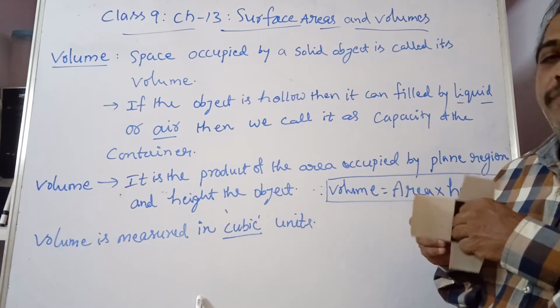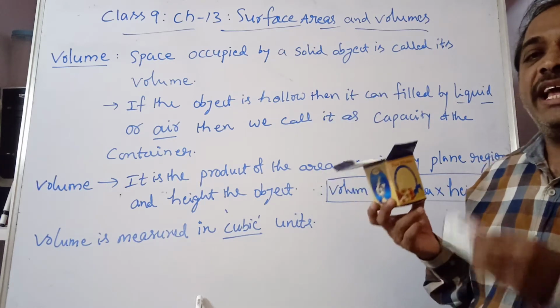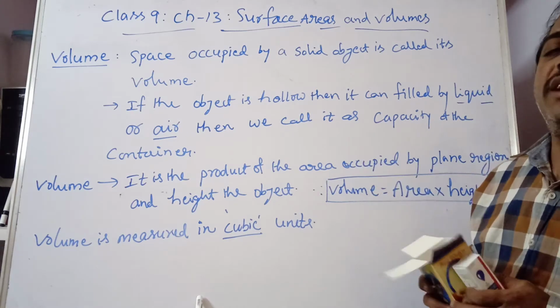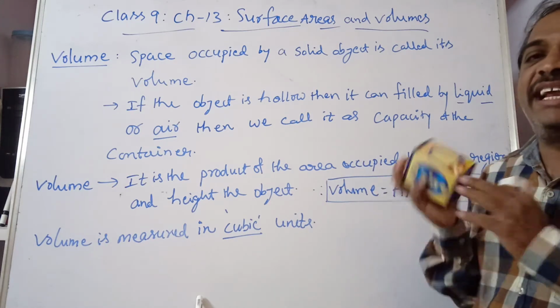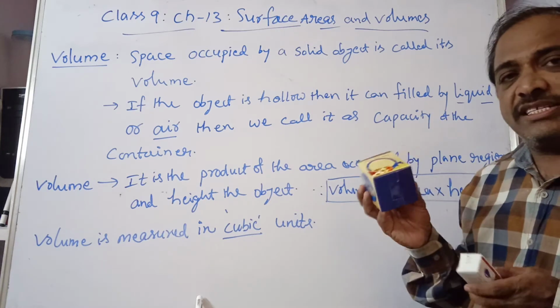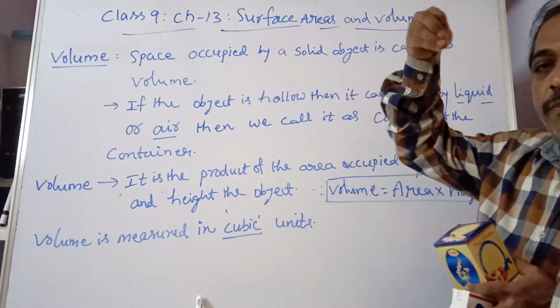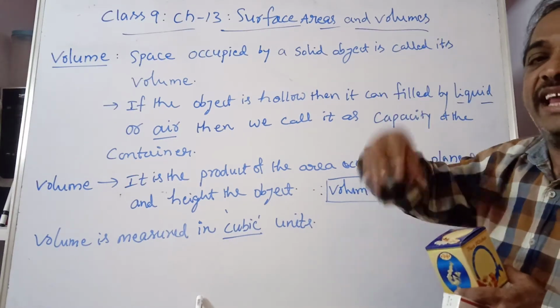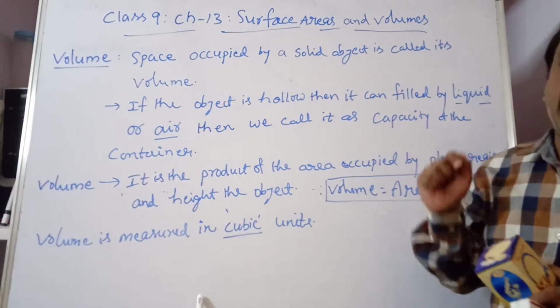So how many can we insert? The volume of the bigger object divided by the volume of the smaller object will give you the number of objects that can fit inside it. If you are pouring water or filling with air, then we call it capacity.